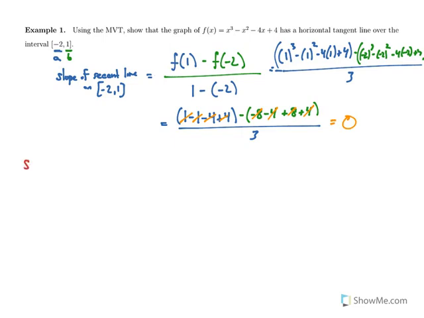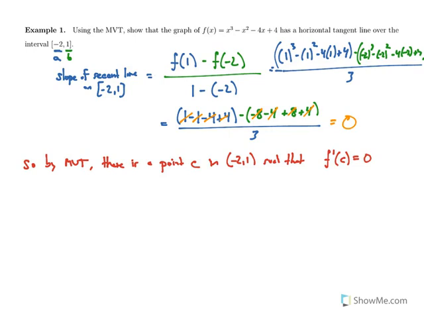So by the mean value theorem, there is a point c in the interval -2 to 1 such that f prime of c equals 0.